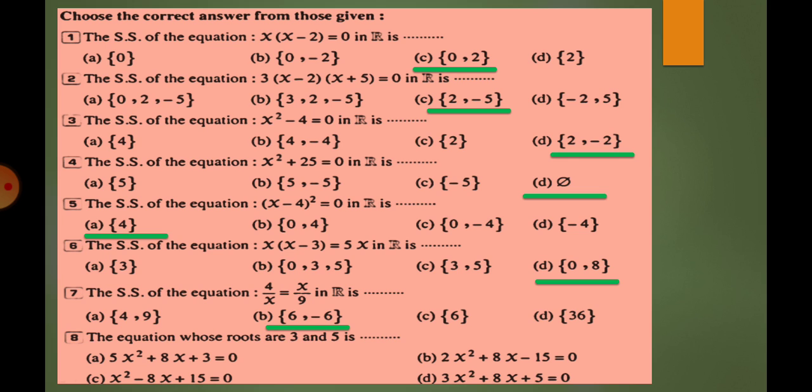So here the roots are 3 and 5, so we can write the equation in the form (x minus 3) times (x minus 5) equals 0. It will be x power 2 minus 8x plus 15 equals 0.